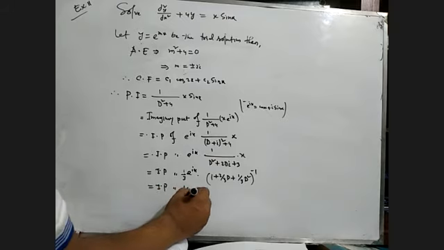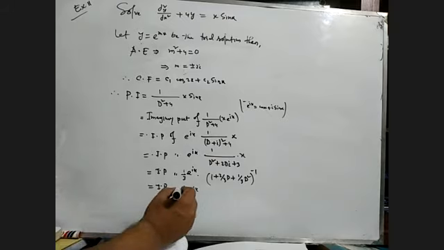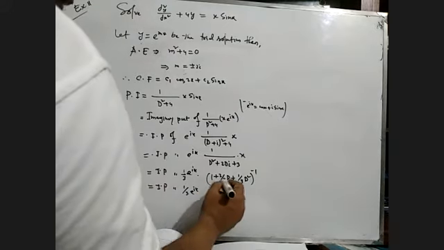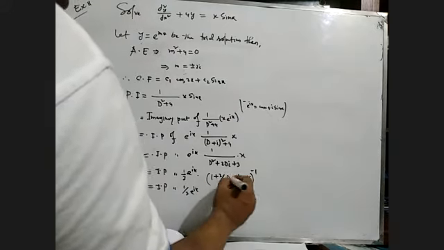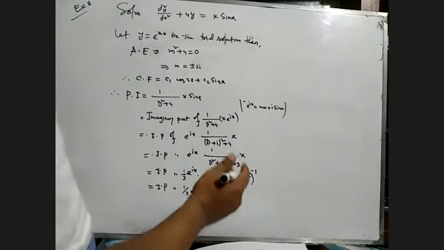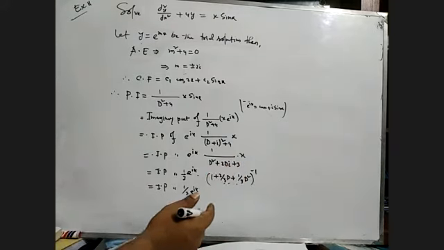1 by 3 e to the power ix, binomial: 1 plus x whole to the power minus 1. What will be 1 plus x square plus x cube, you put it in this way.